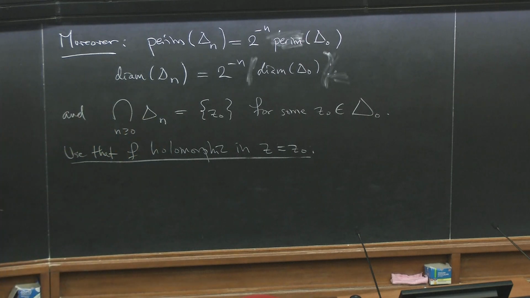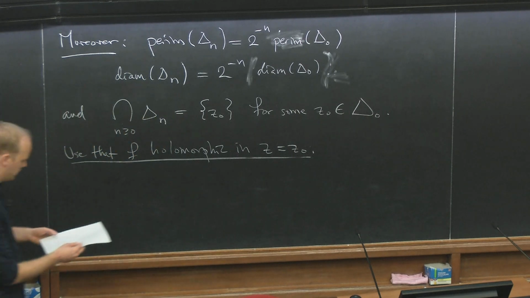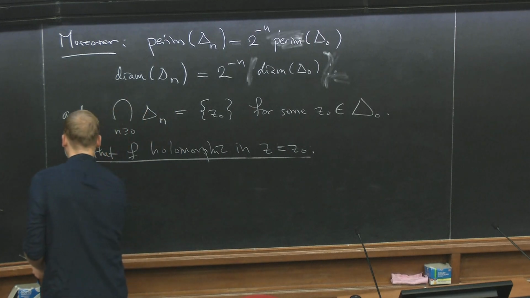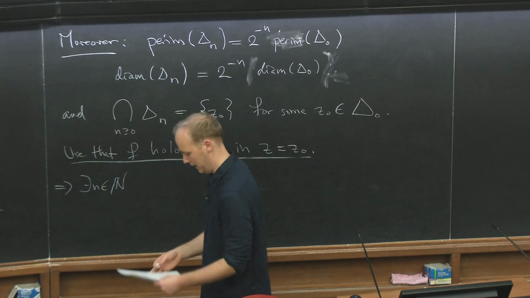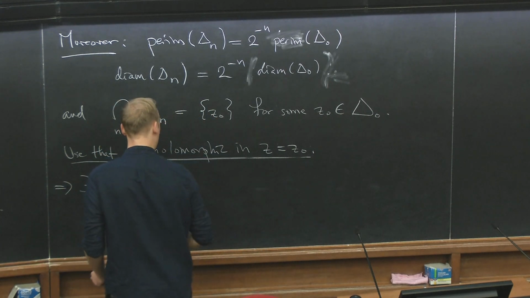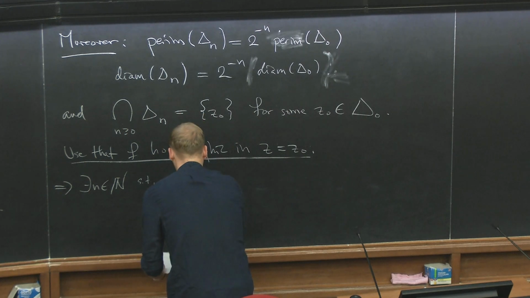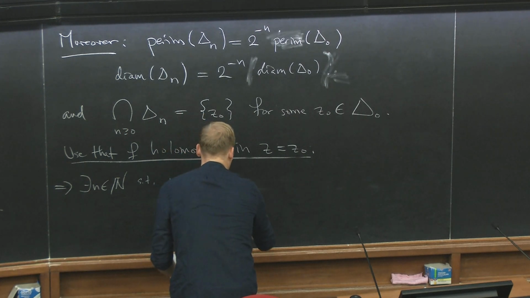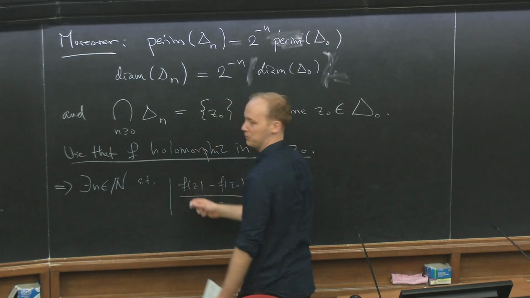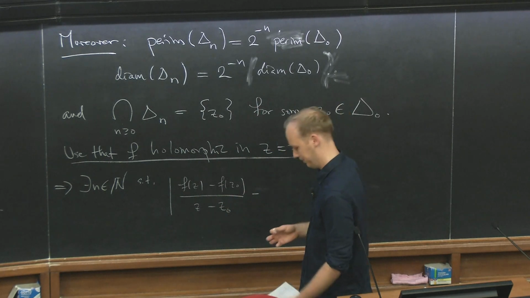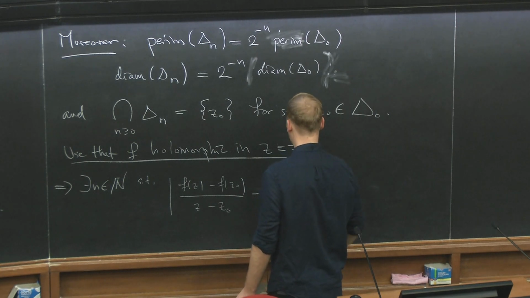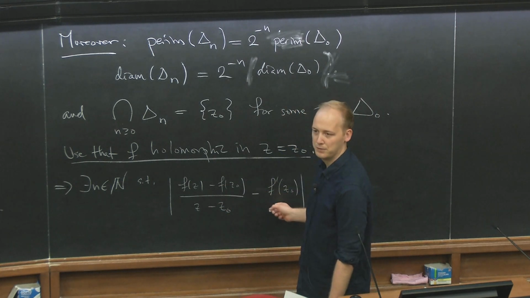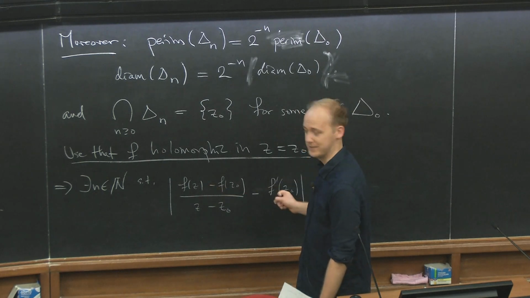that f is holomorphic in this point z equals z0. So this means that we can pick some natural number n such that the following holds. So if I write down f of z minus f of z0, so I write down this quotient, which is supposed to converge to the derivative, right? So if I write down that and I compare it to f prime of z0, then since it is holomorphic, this is supposed to actually converge to this.